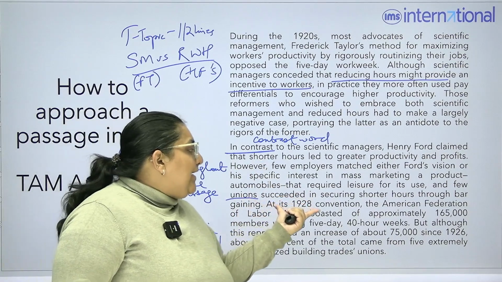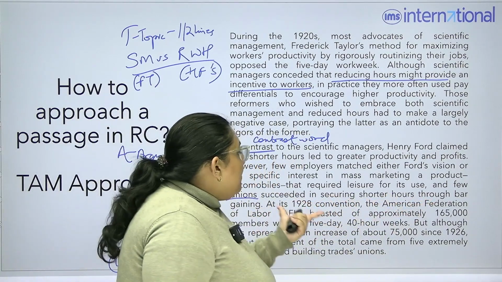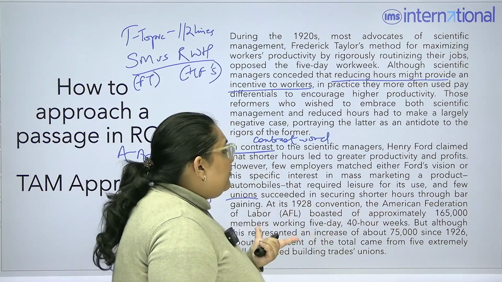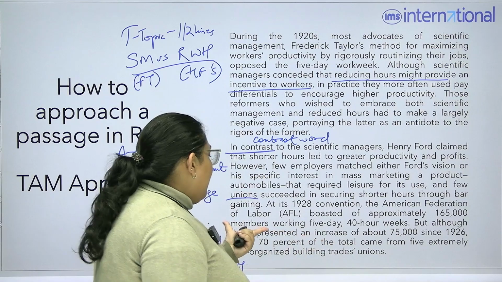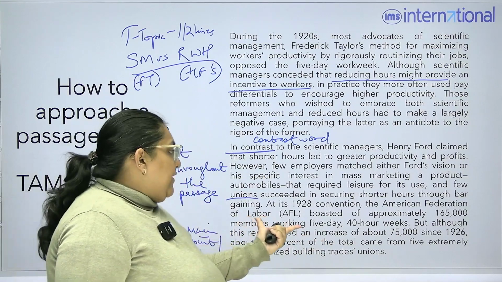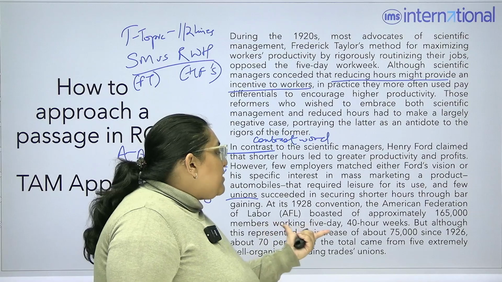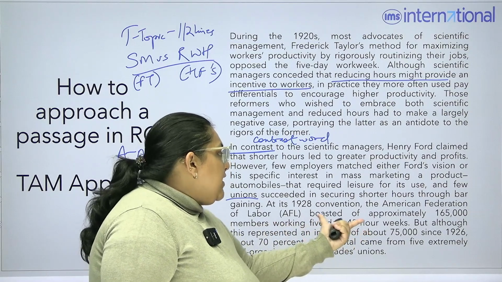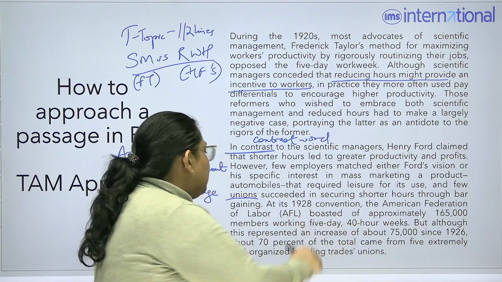So, at its 1928 convention, the American Federation of Labor boasted of approximately 165,000 members working 5-day, 40-hour weeks, but although this represented an increase of about 75,000 since 1926, about 70% of the total came from 5 extremely well organized building trades unions.